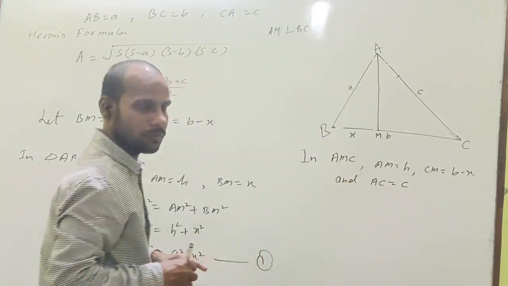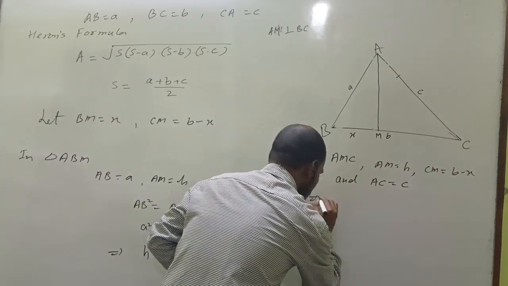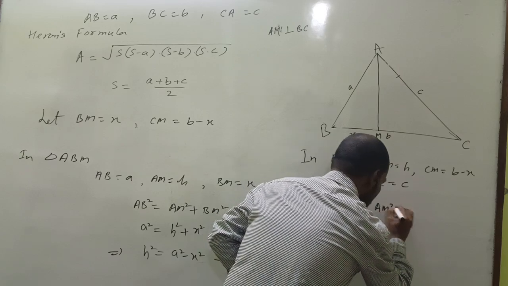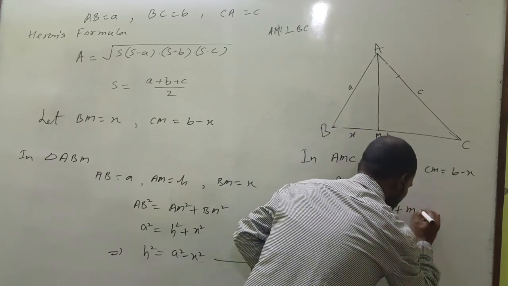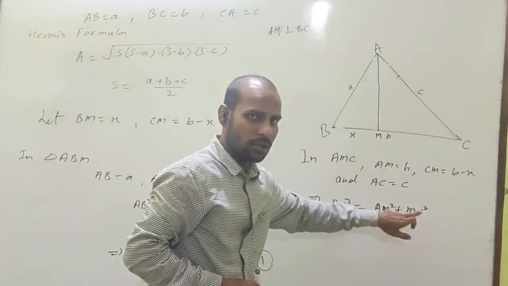Now apply the Pythagoras theorem. Hypotenuse square means AC square is equal to perpendicular square means AM square plus base square means MC square. Put the value of these AC, AM and MC.